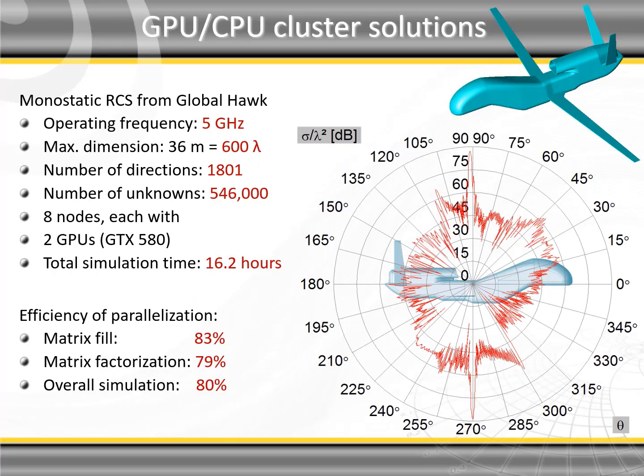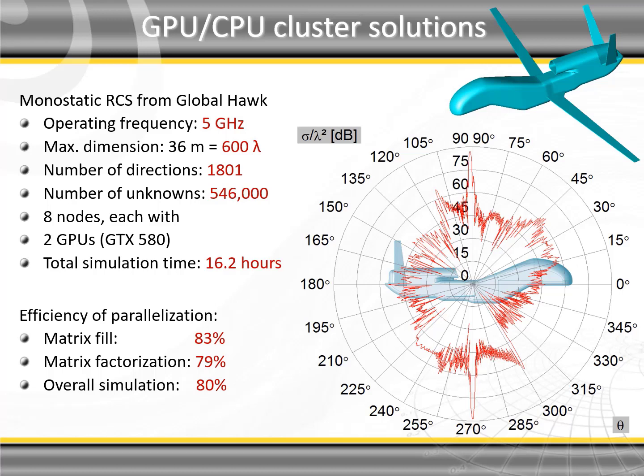Monostatic RCS from Global Hawk is determined at an operating frequency of 5 GHz. The maximum dimension of the aircraft is 36 meters, which corresponds to 600 wavelengths at the operating frequency. RCS is calculated in 1,801 directions.